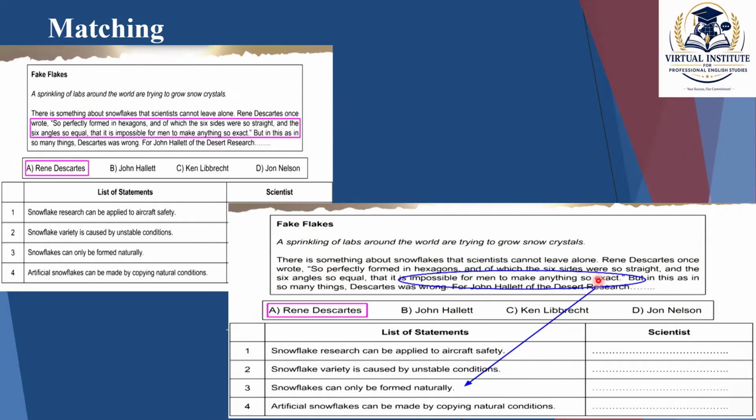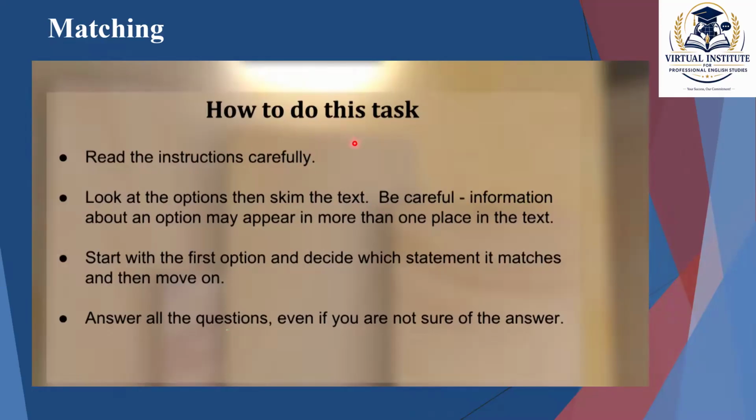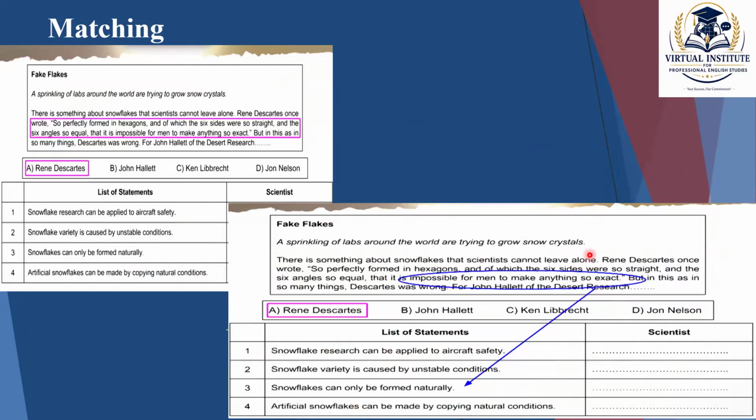Now, how to do this task? Read the instructions carefully, as we have mentioned. Look at the options, then skim the text, as we did. Be careful. Information about an option may appear in more than one place in the text. So, for example, if you scan for Descartes, you might find his name mentioned more than once in the text. You might find him in 5 places, as we saw last time in the previous examples of classification, where the word arm was used many times in different paragraphs. Same is the case here as well.